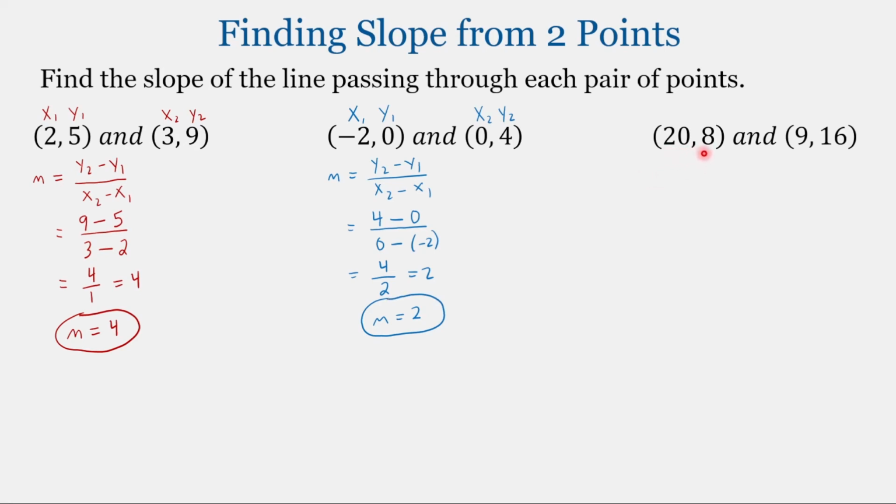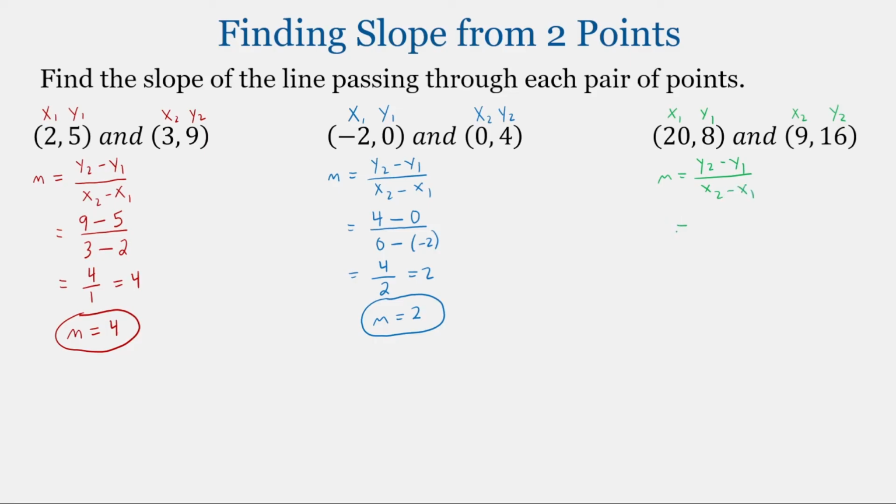For the last problem, we have the points 20, 8 and 9, 16. So x sub 1 is 20, y sub 1 is 8, x sub 2 is 9, and y sub 2 is 16. Using that formula for the slope, we have y sub 2 minus y sub 1 all over x sub 2 minus x sub 1.